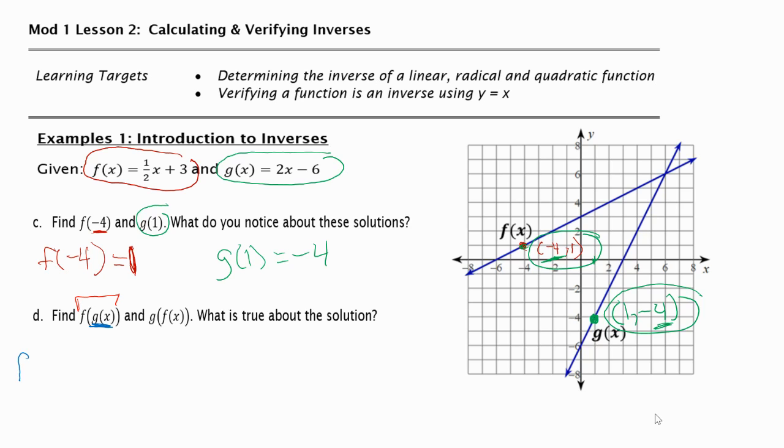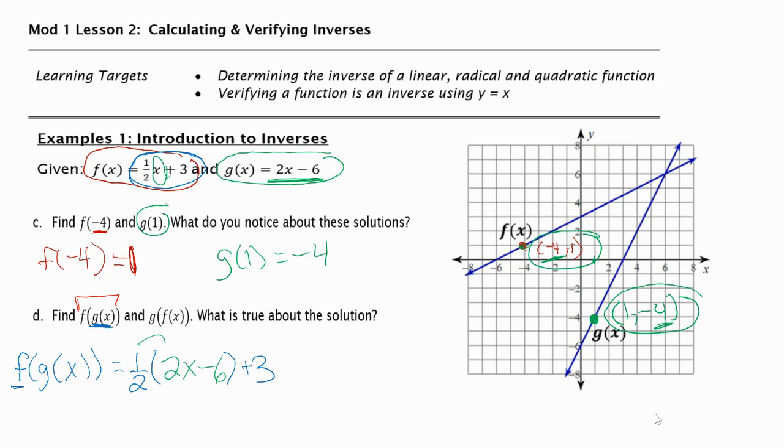So if I write f of g of x, I take f of x, the one on the outside, and in place of x, I'm going to write g of x. I'm going to write 2x minus 6. So when it says f of g of x, I'm really just taking g of x and substituting it into f of x.